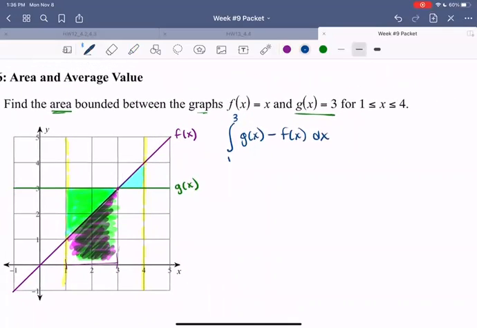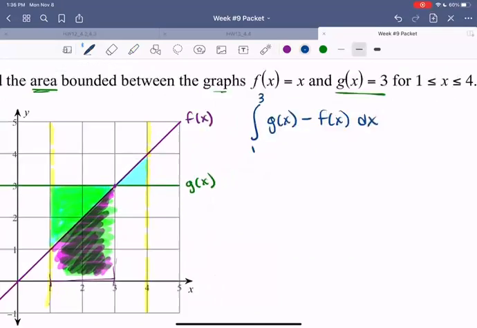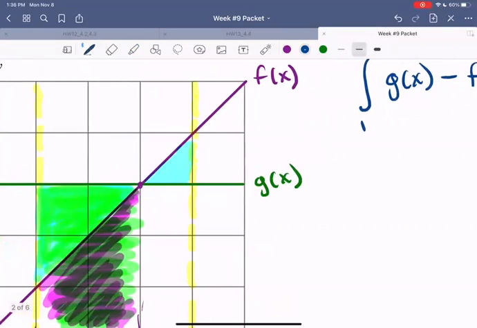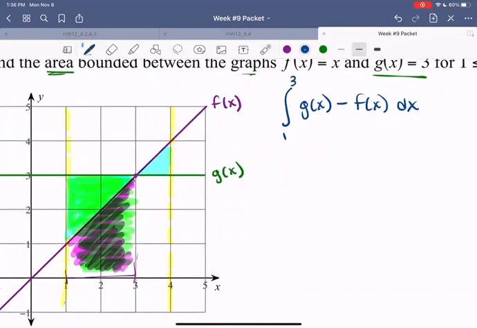All right, so now what about that last little triangle? How might we use integrals to compute its area? Feel free to pause the video if you want to try to work it out first on your own. All right, so if we look at it together, you'll see that now, well, the f function is larger than g.